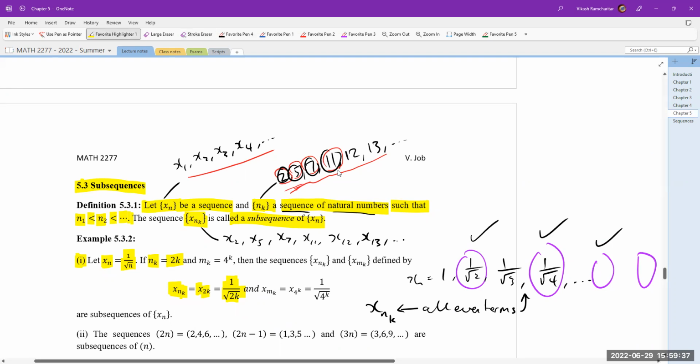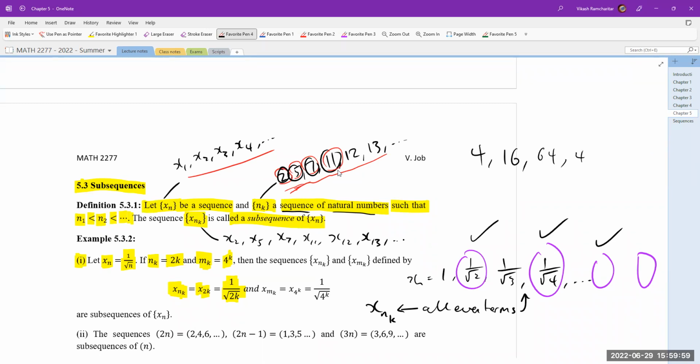And if, for example, we do n_k to be 4 to the power of k, then this is going to pick out the fourth term, then 4 squared, which is 16, then 4 cubed. So 16 times 4 is what? 64, maybe.